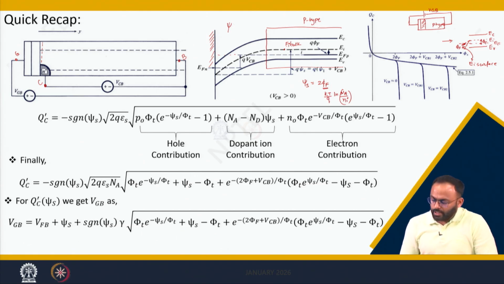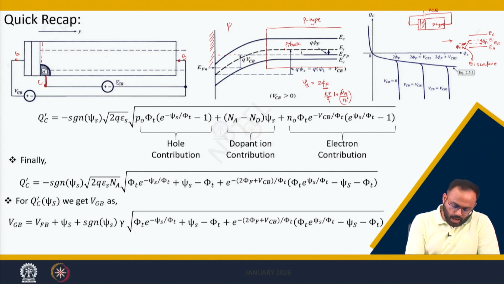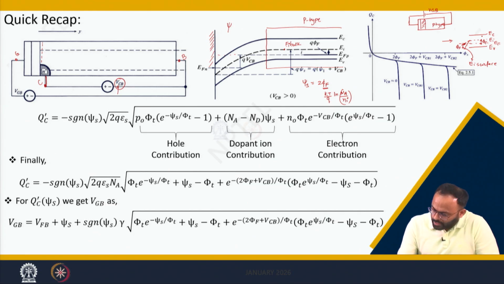But what will happen if you apply a third terminal here and apply a VCB to this third terminal? The moment you apply VCB, this VCB causes a shift in the Fermi level. You have electrons here in the n plus region, and this VCB causes a reverse bias junction because you are making it positive.